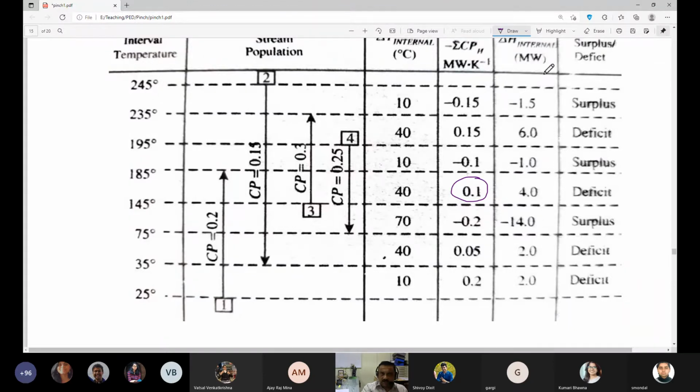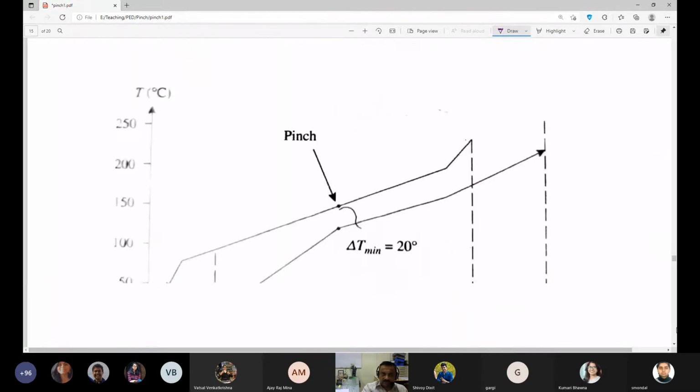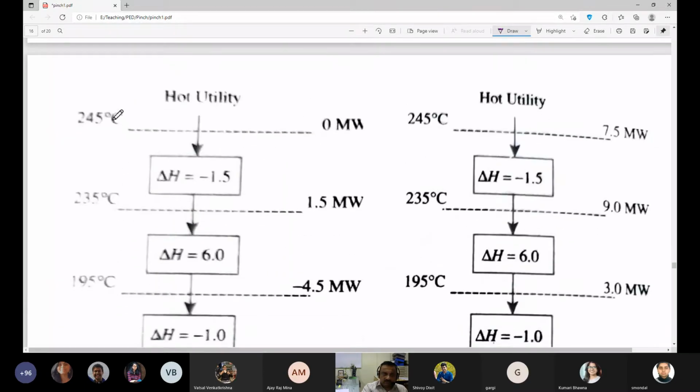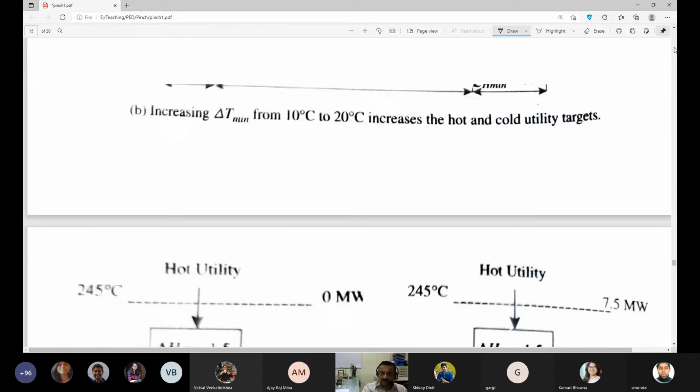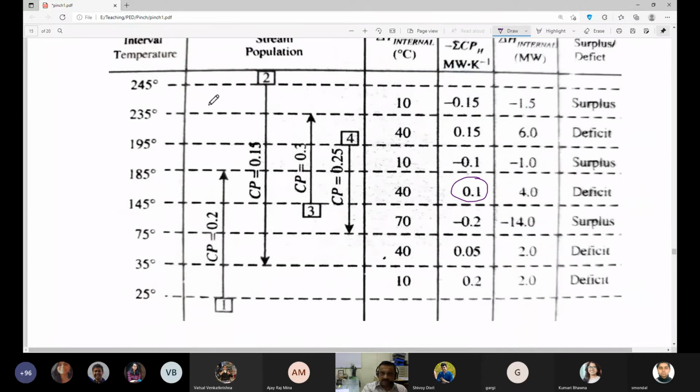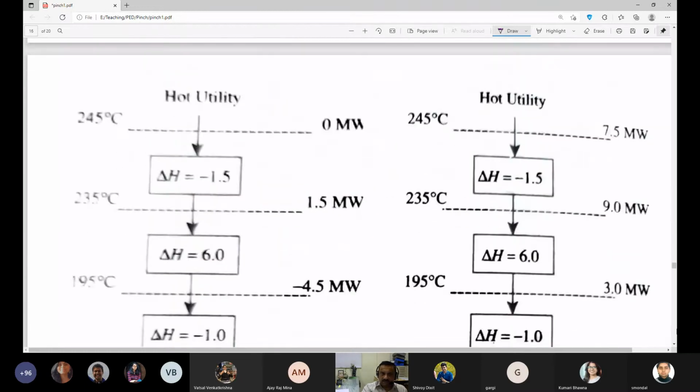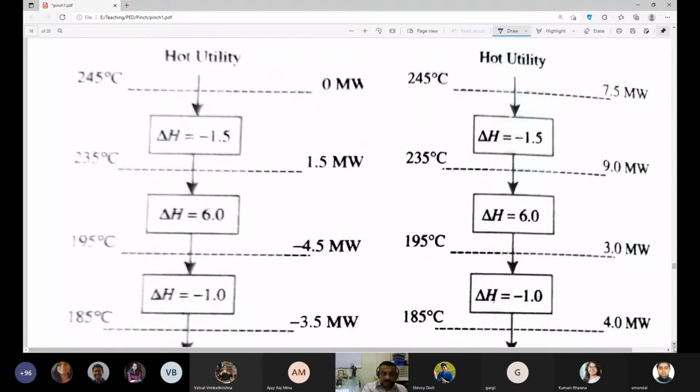And then I write the corresponding delta H values here. So you can see 245 and then delta H minus 1.5. I get to 235, then delta H is 6.0, I go to 195, like this. So that is how we have drawn this.